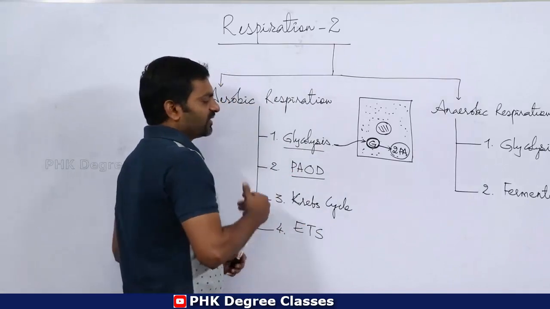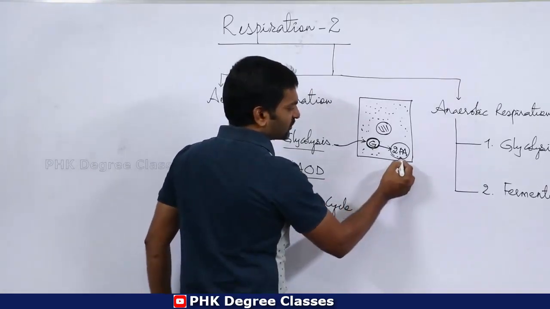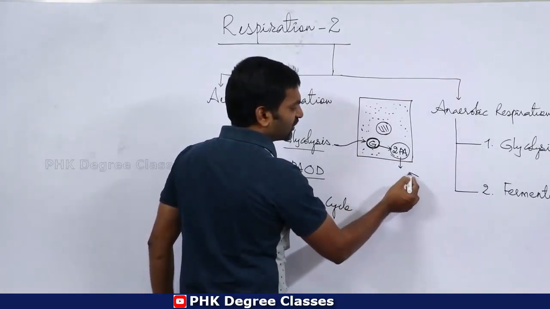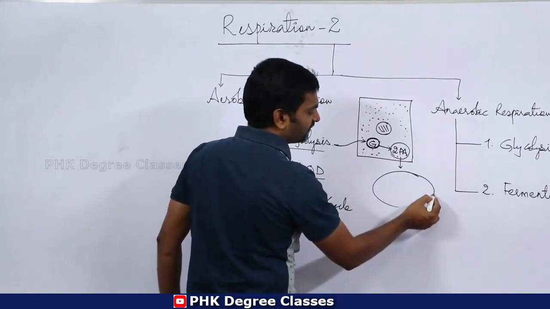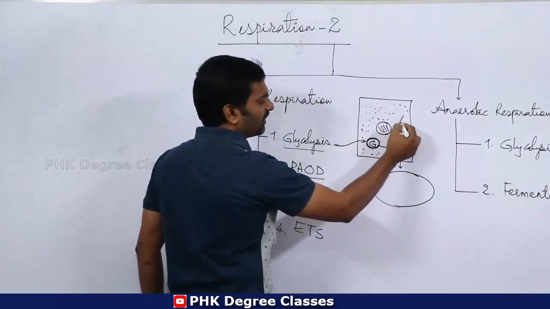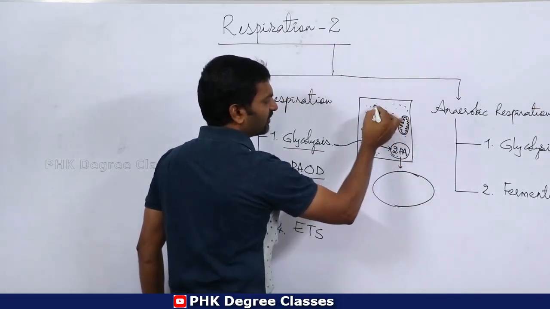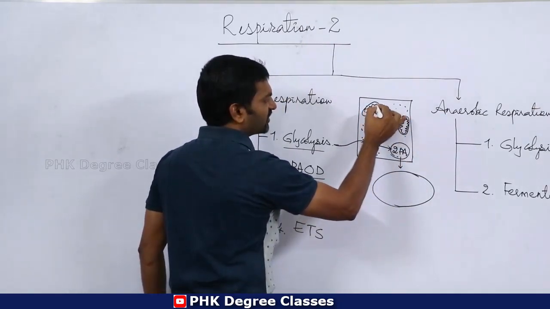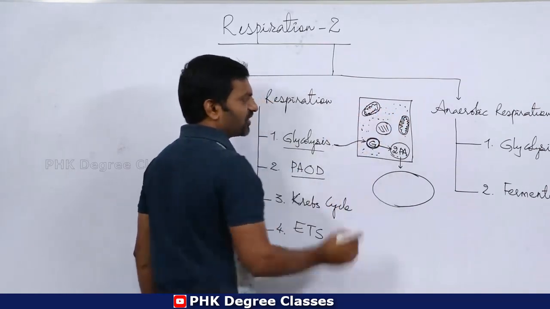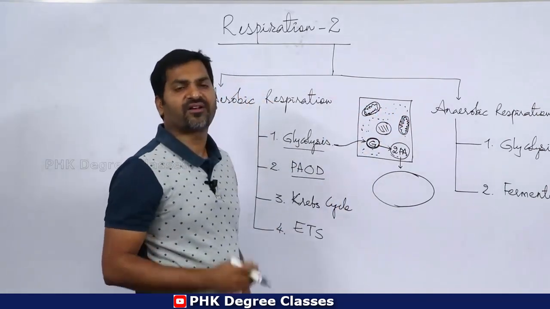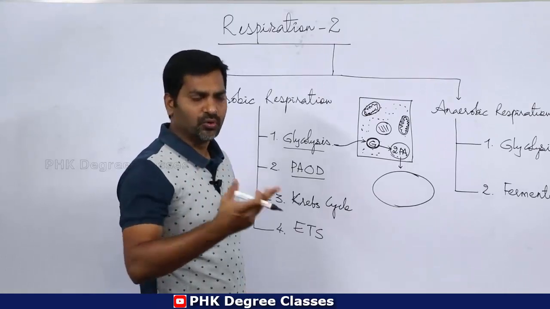Then this pyruvic acid enters into the mitochondria. Mitochondria are there in the cytoplasm. Mitochondria are the cell furnaces or energy producers.